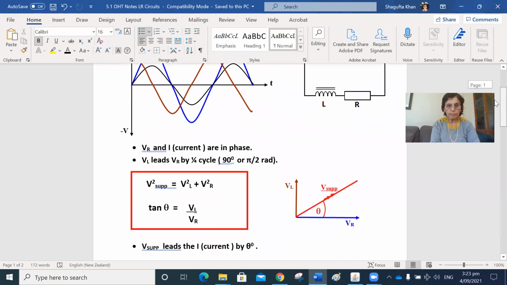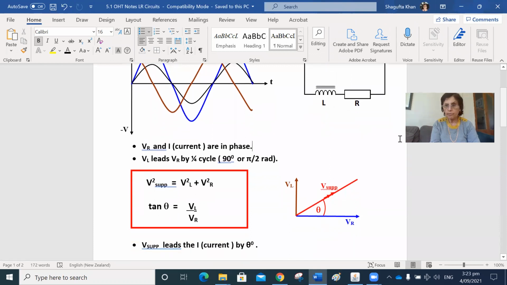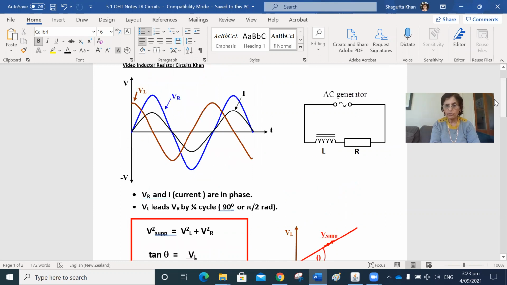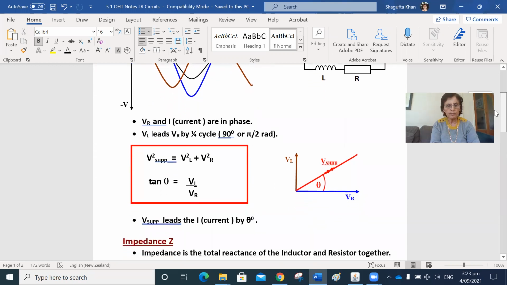Now, if we want to relate these two voltages, the voltage across the inductor and the voltage across the resistor, to the supply voltage, for the AC battery or the AC generator, we draw what we call phasors or vectors. Conventionally, voltage across the resistor is always drawn here.